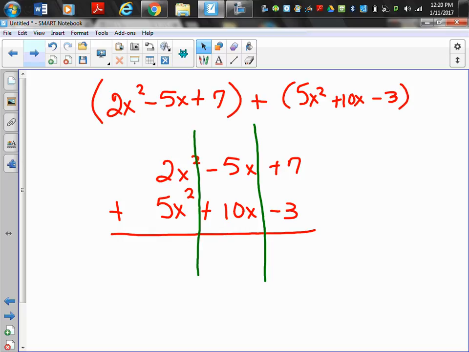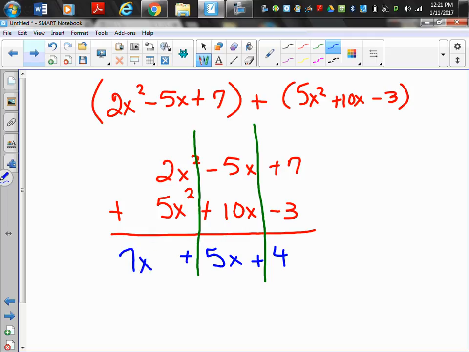Okay. So now, I've drawn lines in between my terms. So I do the math problem that it says. So 7 minus 3 is 4. Negative 5 plus 10 is 5, and that's a positive. So 2 plus 5 is 7x squared.